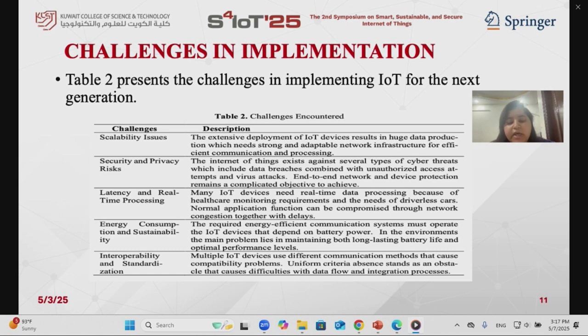It requires energy efficient communication systems that operate on IoT devices that depend on battery power. The last challenge is interoperability and standardization. Multiple IoT devices use different communication methods that cause compatibility problems.